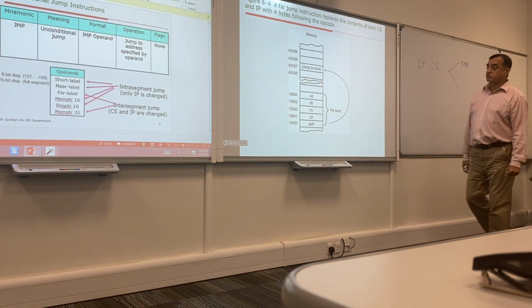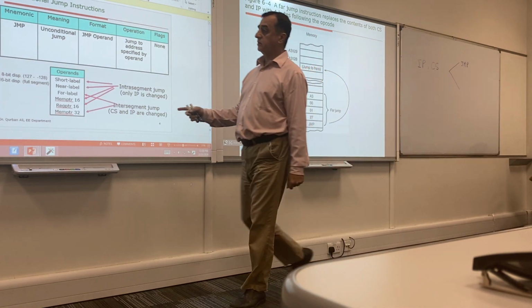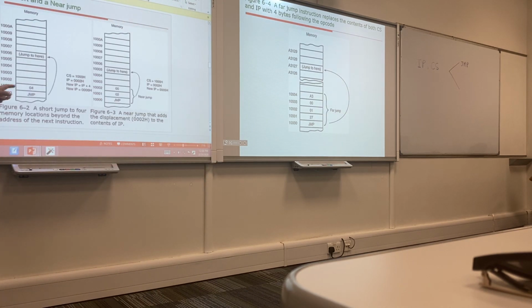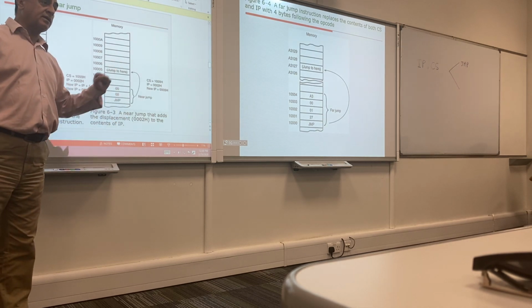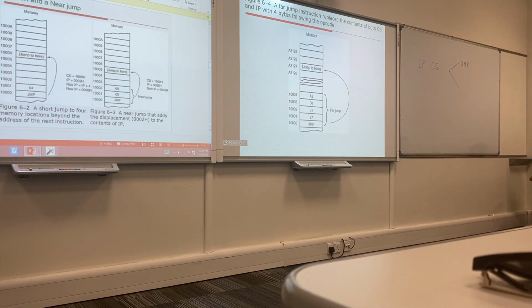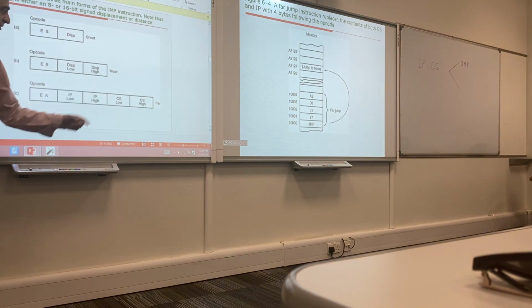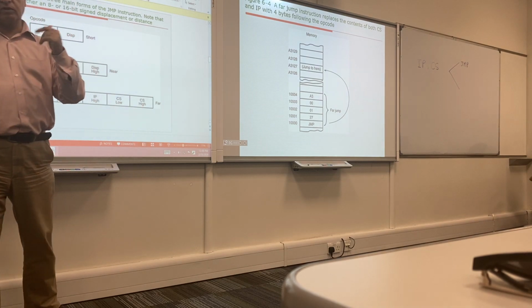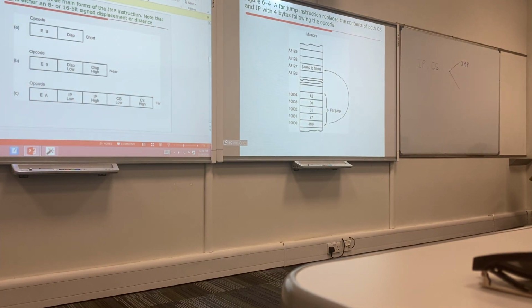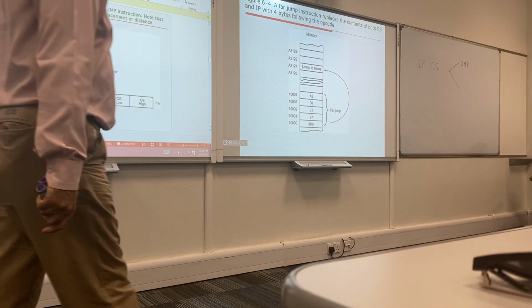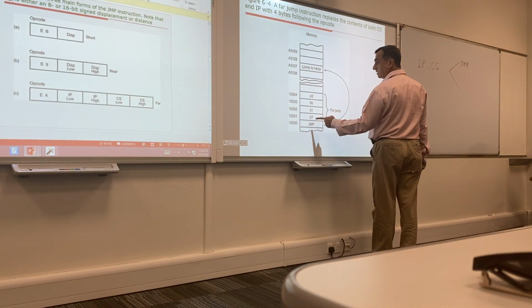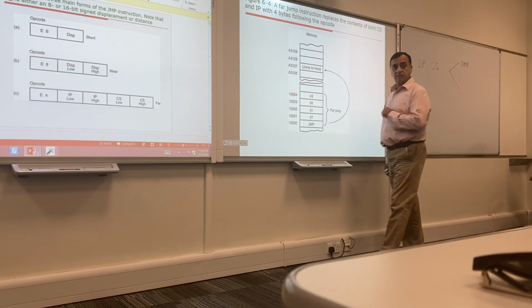Now what are these values? Before we were saying this is IP, this is 16-bit IP, right? But when I say far, you see here both values are given, IP and CS. Calculate the physical address from here. So in this example, this is IP and this is CS.